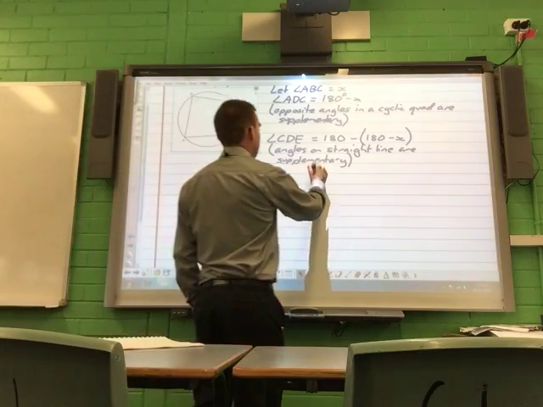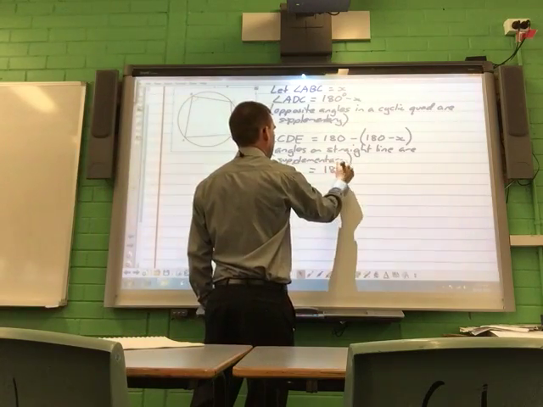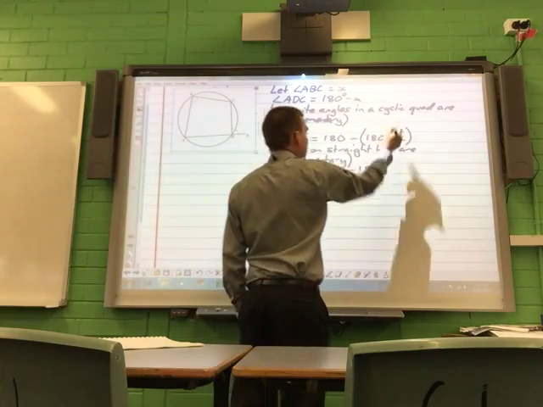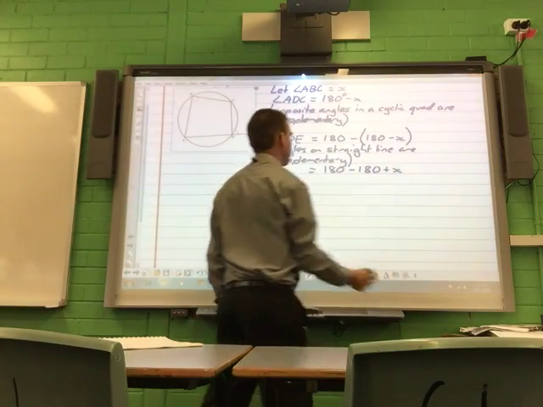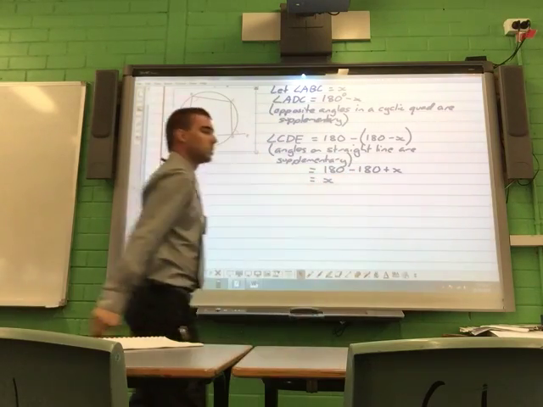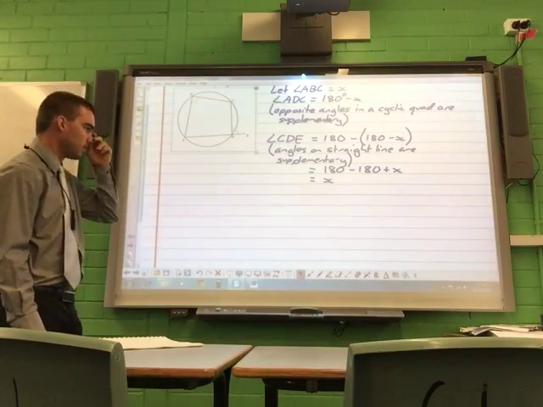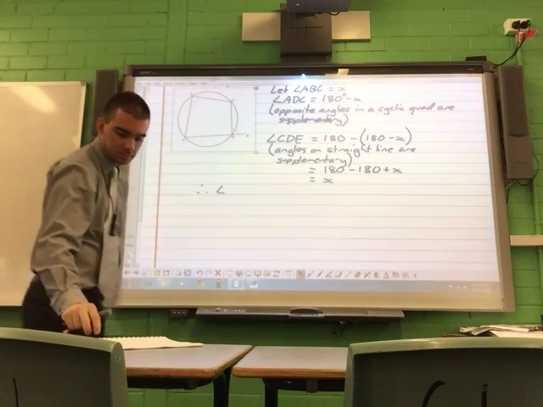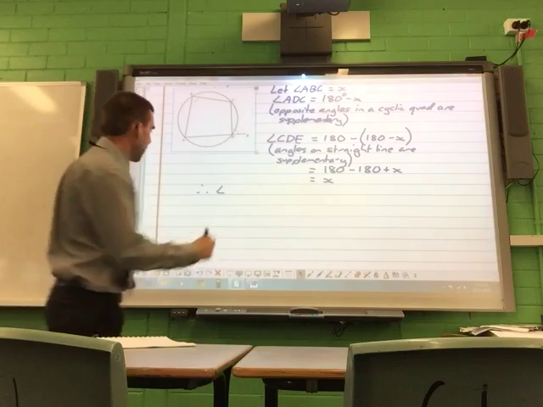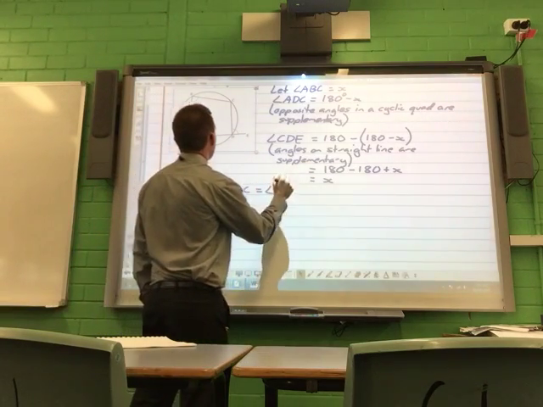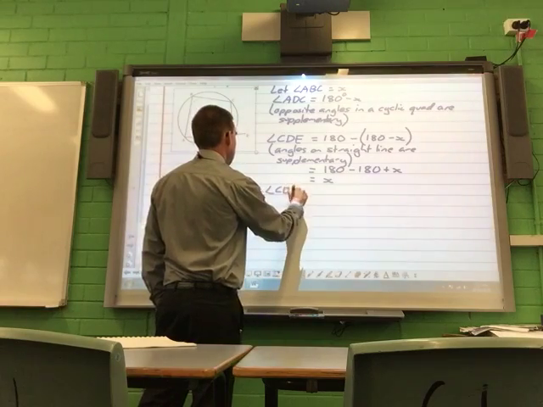Alright, so let's tidy it up. So expand, so 180, take away 180, and then a negative gives positive. And of course 180 take away 180 is 0, 0 plus x, which is x. So therefore angle ABC equals angle CDE.